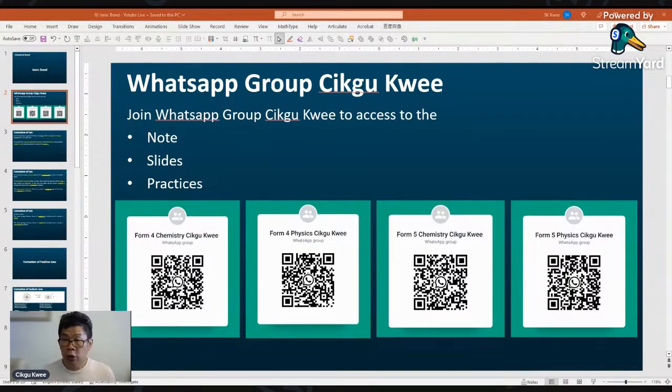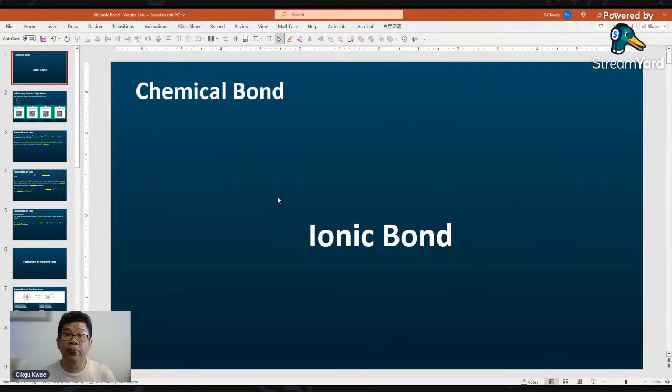Okay. So the topic of discussion today is ionic bond. I believe that most of you have learned chemical bonding in school. You should have learned that most elements are not stable, and if they would like to become stable, they need to achieve a special arrangement of electrons called a duplet or octet.